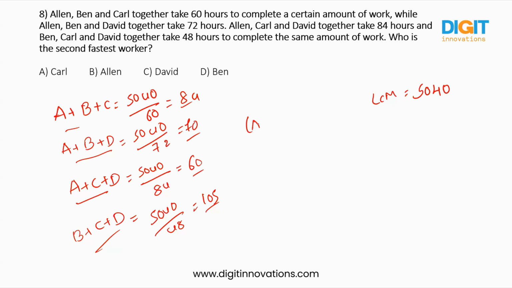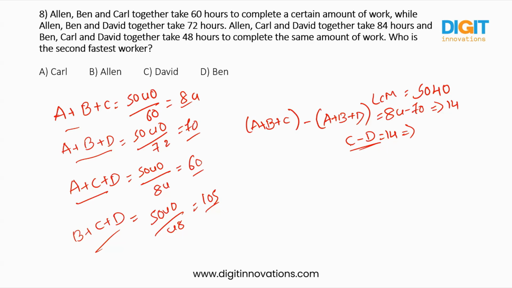So let us start solving the equations. First two I'll take. So 84 minus 70, you will get 14. So here C minus D. So by this equation, we can say something bigger number, when we subtract something smaller from the bigger number, you're getting 14, right?